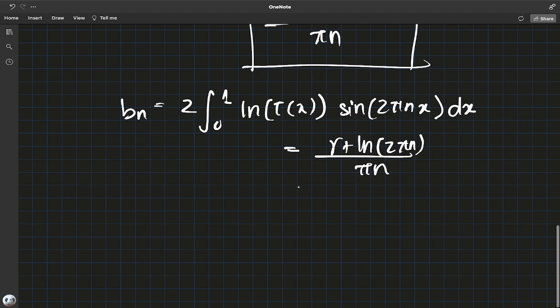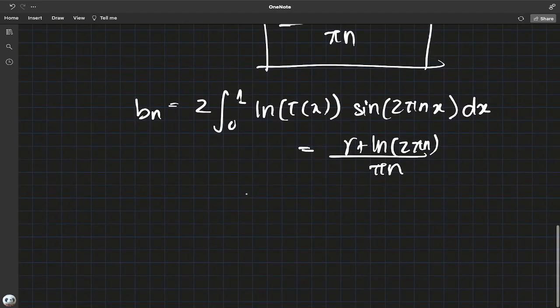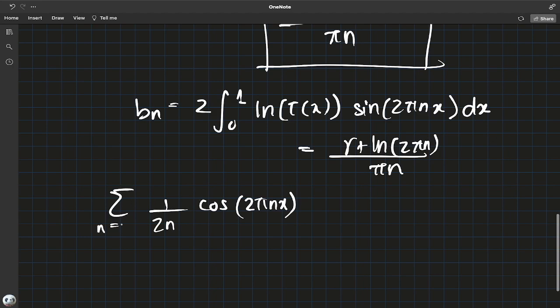Now, one viewer requested that I do something. So remember what our Fourier series actually looked like. We had a cosine term coming up, so we had 1 over 2n cosine of 2 pi n x. This was the a_n term. We're summing here. Plus, and now this is the b_n term.